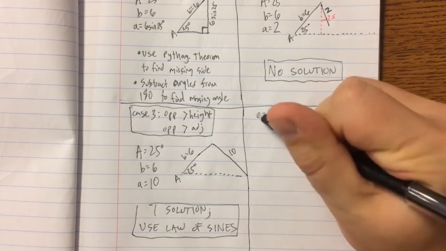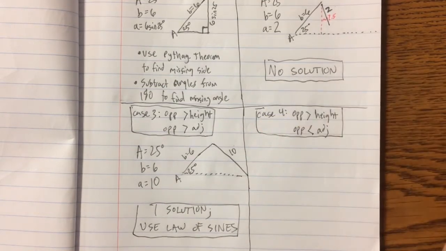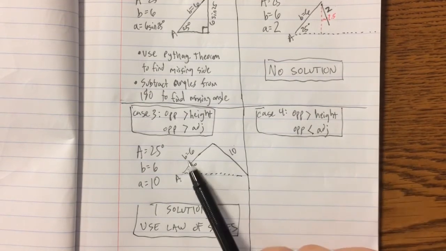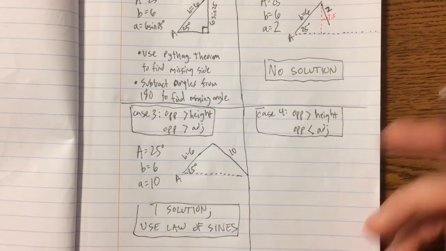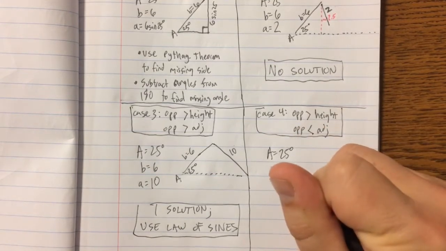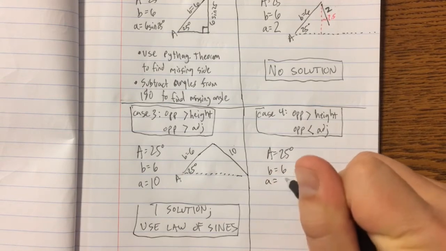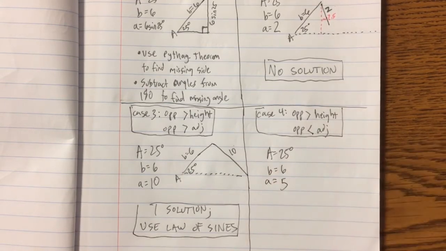However, if the side that's opposite of the given angle is shorter than the other given side, like let's say angle A was 25 degrees, side B is 6, and we'll say side A is like 5, just like what we talked about up on the board, then you actually get 2 different solutions, and I'll explain how to get the second solution, because I think that's the hard part.